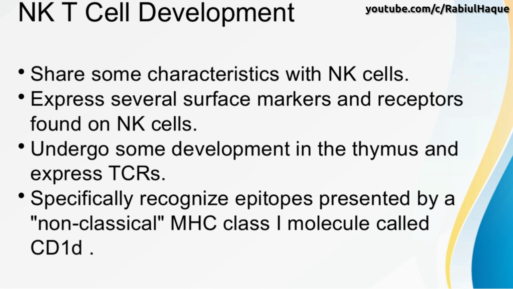However, they also undergo some development in the thymus and they also express T cell receptors. So that's why we are calling them natural killer T cells. And the last bullet point is particularly important for your multiple choice exams. They can specifically recognize epitopes that are presented by non-classical MHC class 1 molecule called CD1D.